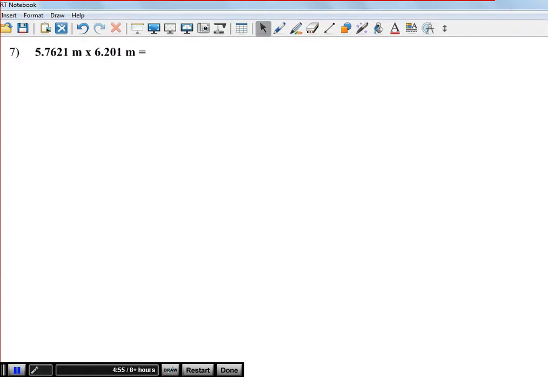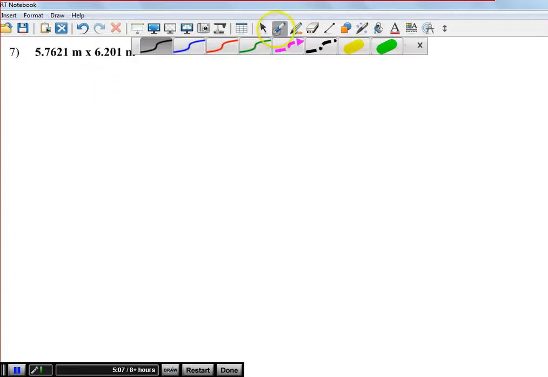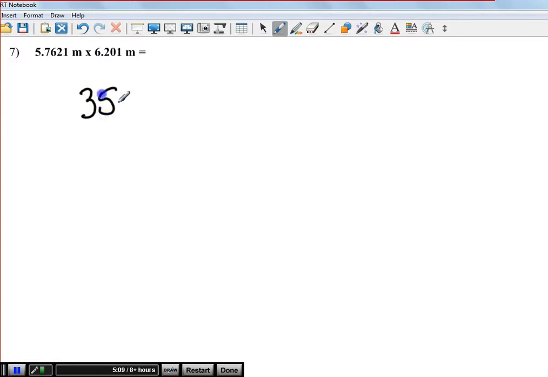Okay, so we plug the numbers in the calculator: 21 times 6.201. And our calculator gives us an answer of 35.7307821. If you ever give me an answer like that, that's not going to be marked correct, because we can only be as good as the weakest link.